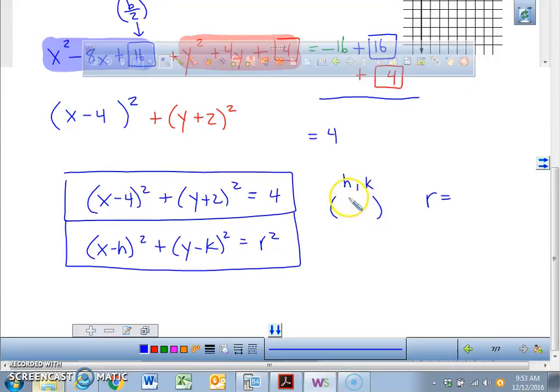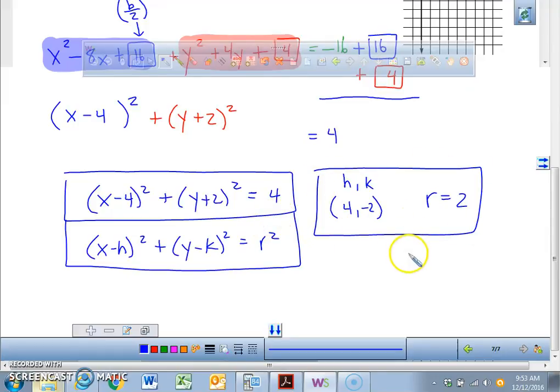What's the center of my circle? 4 and a negative 2. If it's x minus h and you have a 4, then your h value is 4. If it's y minus k and you have a plus 2, that means your k value has to be a negative 2. And what is your r value equal to if r squared is equal to 4? 2. There we go. This is what you need to be able to graph your circle accurately.